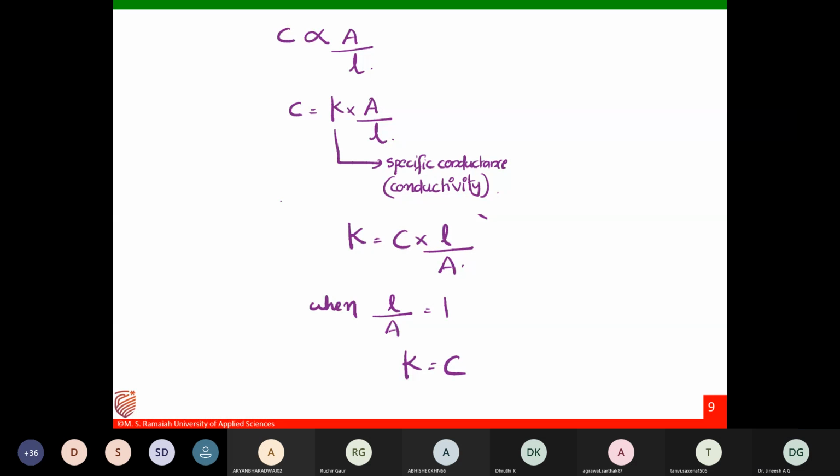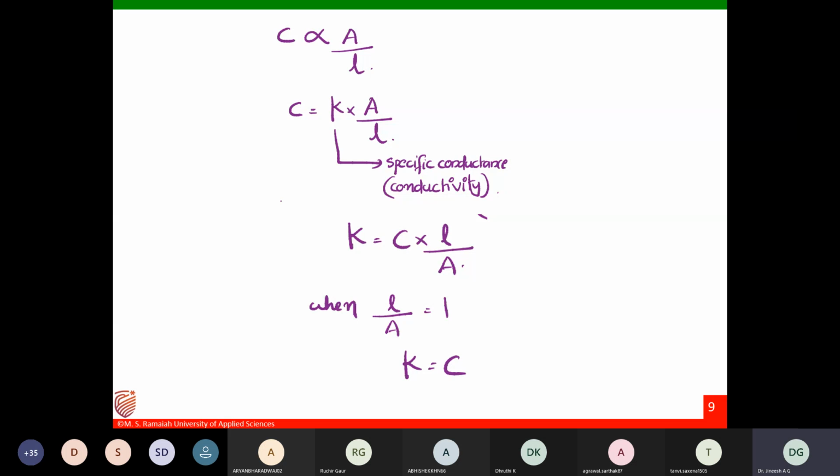So I gave you the definition of conductivity. Conductivity, that is kappa, is the conductance, which is C, offered by a solution of unit length and unit area of cross section. Got my point?